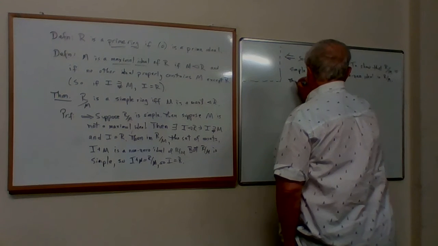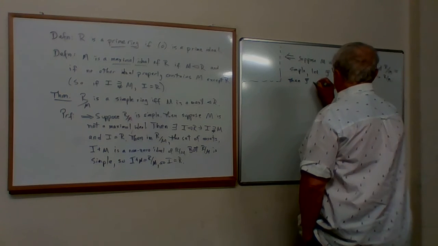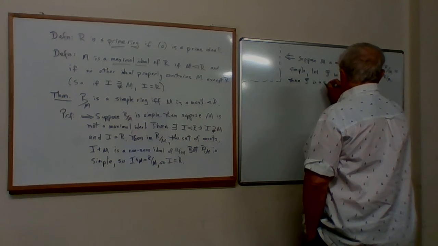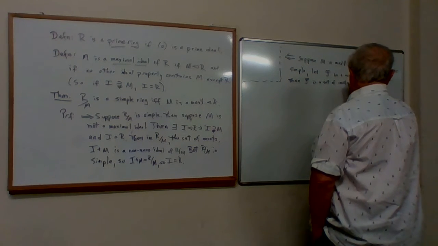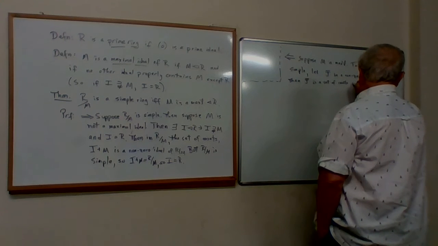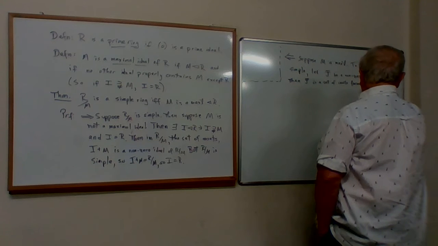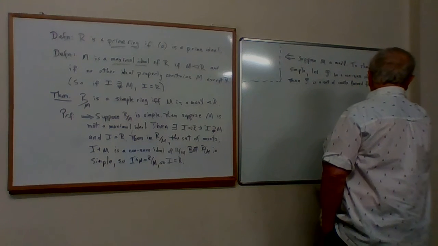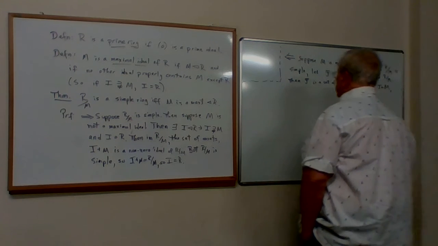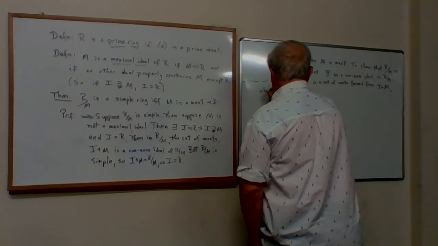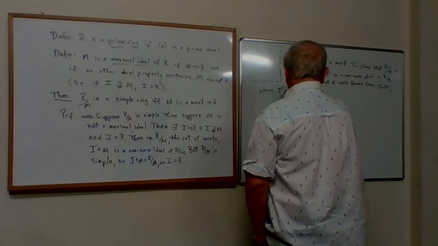Well then, J bar is a set of cosets formed from J plus M, where J is some ideal of R. Not a very good triangle here.